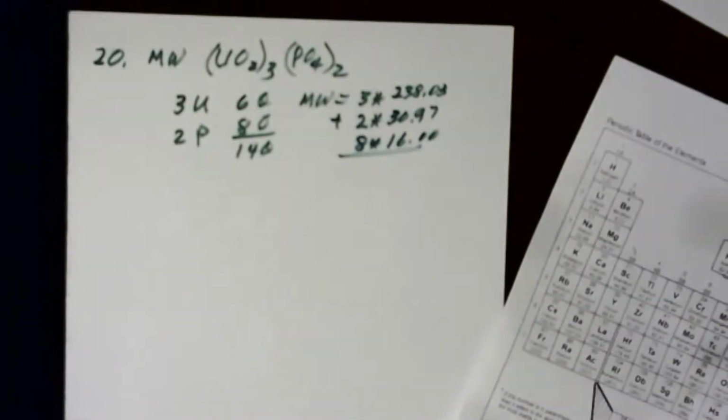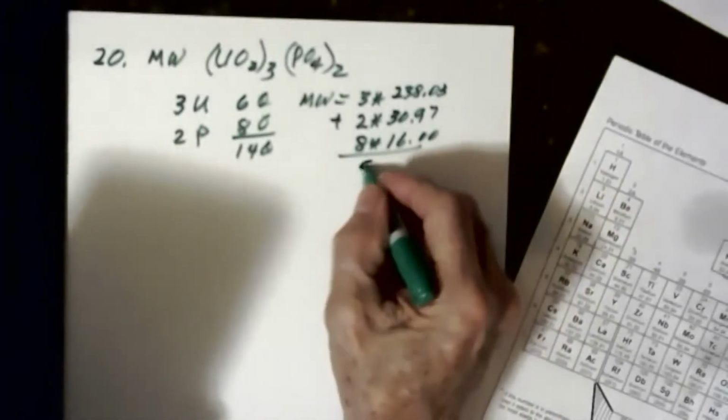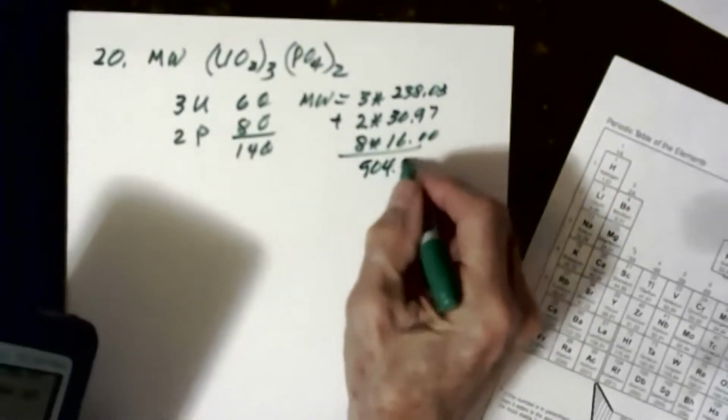So it's 3 times 238.03 plus 2 times 30.97 plus 8 times 16. I get 904.03.